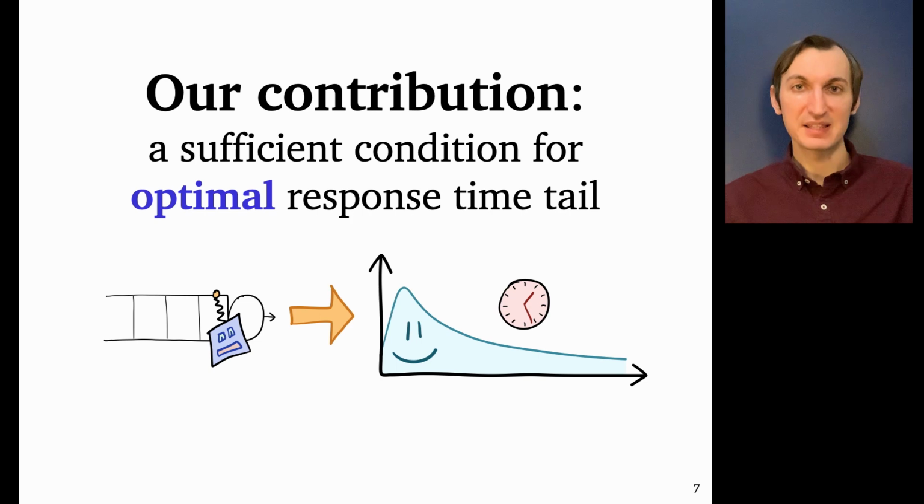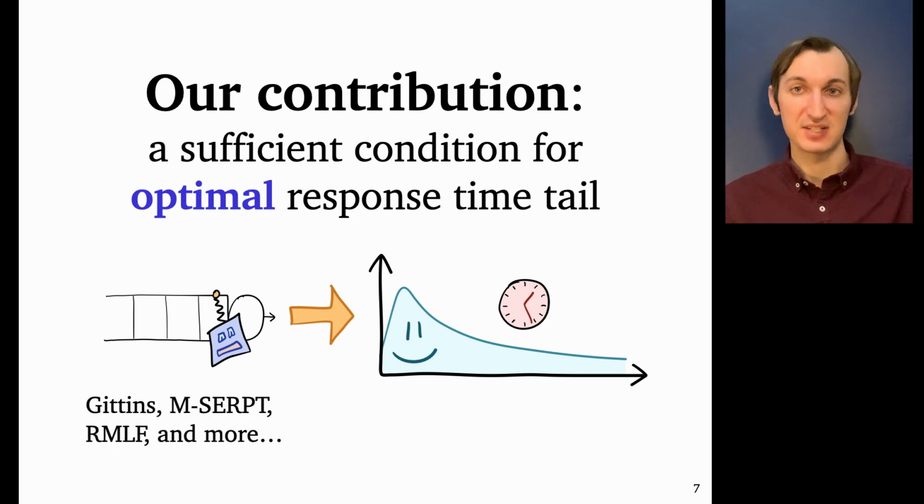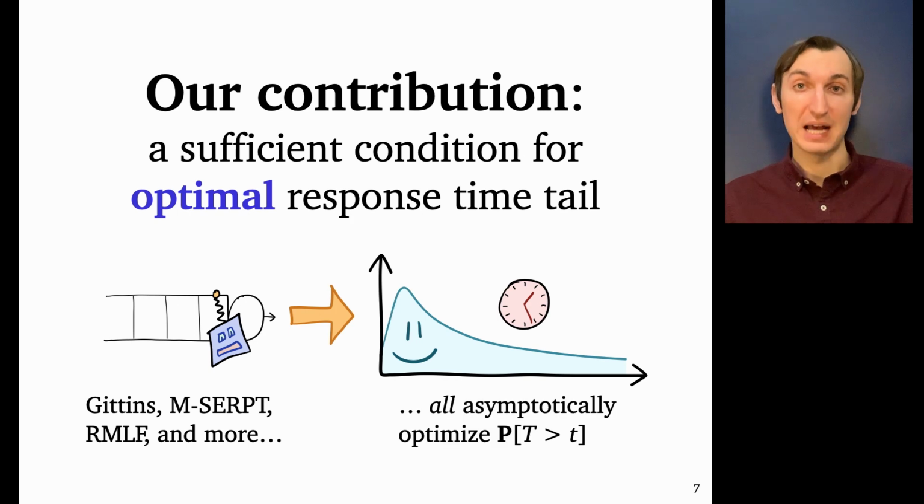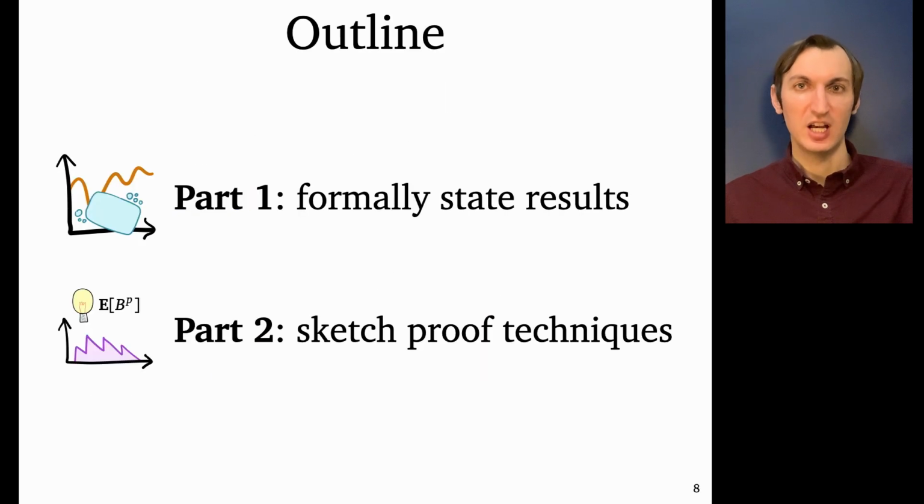Applying this sufficient condition shows that Gittins, SERP, RMLF, and more are all asymptotically optimal for response time tail, at least in the t to infinity limit. In the rest of this talk, I'm going to formally state our sufficient condition result and show how it applies to Gittins, SERP, and RMLF, and then I'm going to give a high-level overview of our proof.